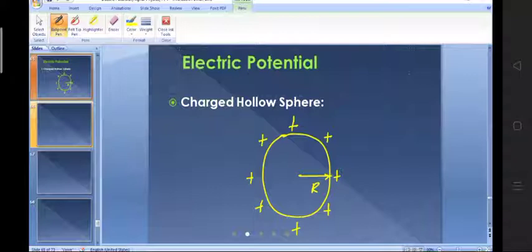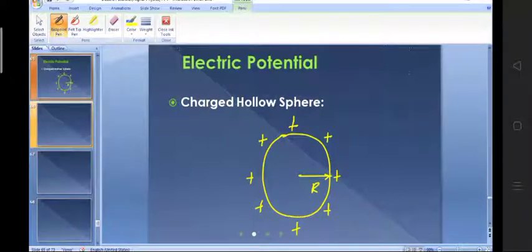But you can expect a question like this: there is a non-conducting solid sphere whose charge density is a function of r, something like rho equals K multiplied by r. Then you are supposed to calculate the electrostatic potential difference between two points. You can expect such a question in NET, JEST or GATE examinations, whatever. So you must know the technique of how to calculate the electrostatic potential at any particular point.